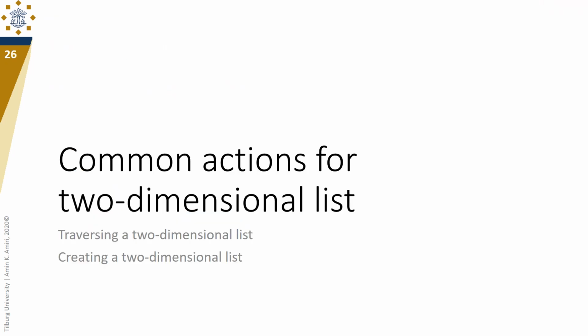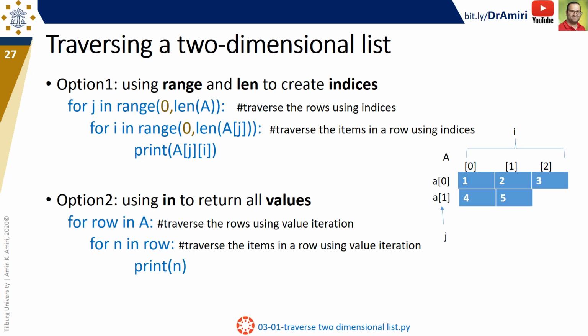Let's see how we can traverse and create a two-dimensional list. Again, for traversing, you have two options: using range and length to create indices, or using value iteration. In the first option, you need to make sure that you traverse the rows first.